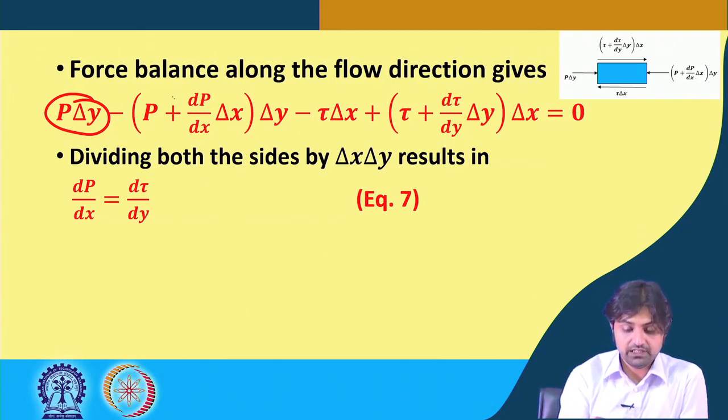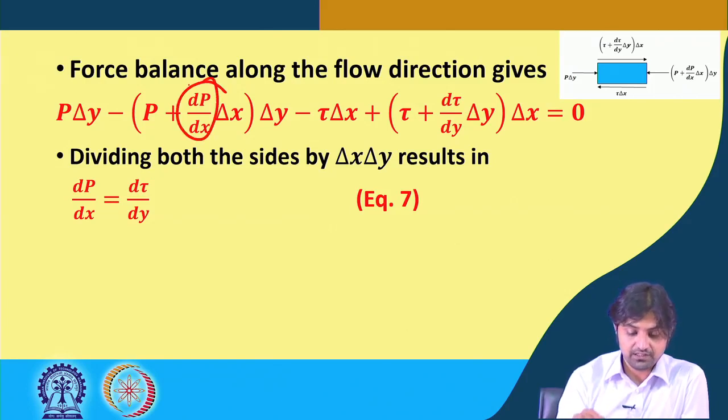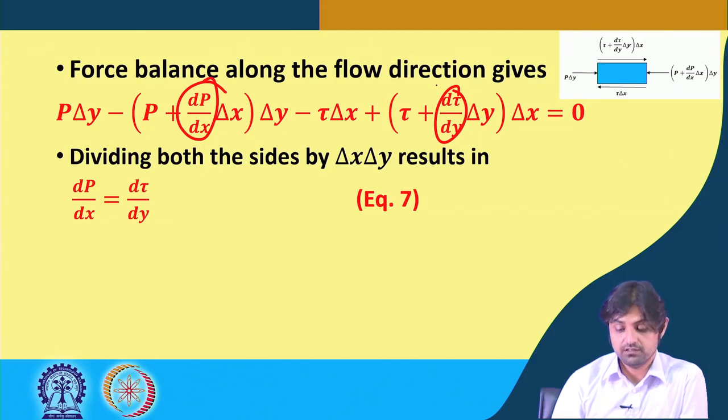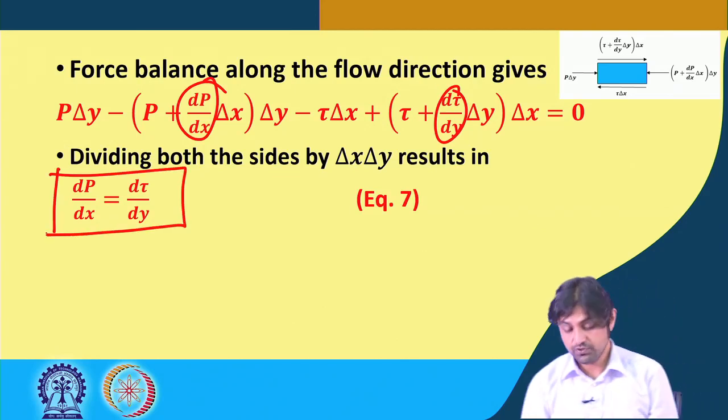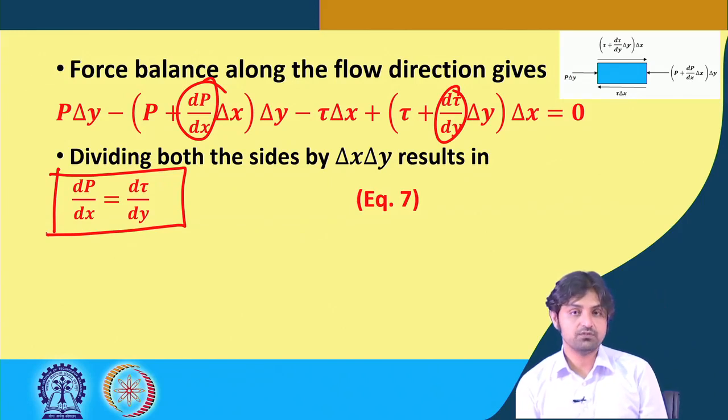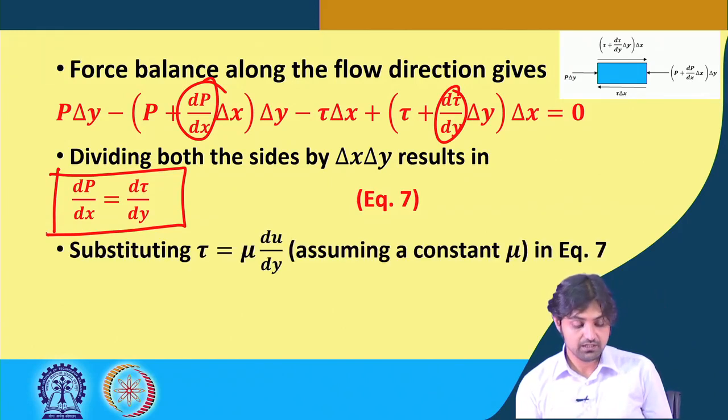So, this will get cancelled here and here. If you do these cancellations, what we are left with is dP/dx here and d tau/dy, and the rest of the things will get cancelled. So, this is one important equation that we are going to get: dP/dx is equal to d tau/dy.